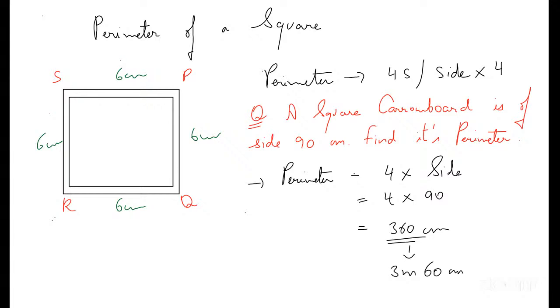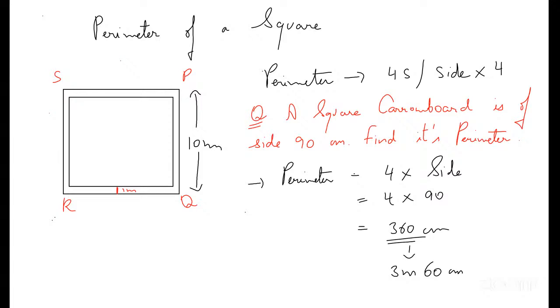They have given us the side of the outer square, which is 10 meter, and the width of the boundary is 1 meter. Then we have to find the perimeter of the inner square and the outer square.